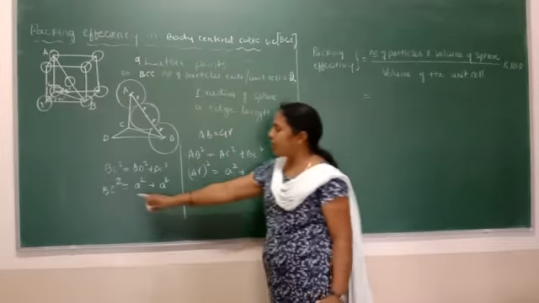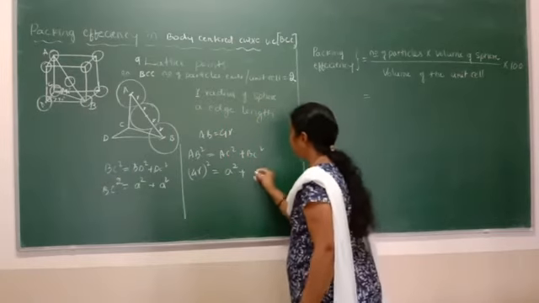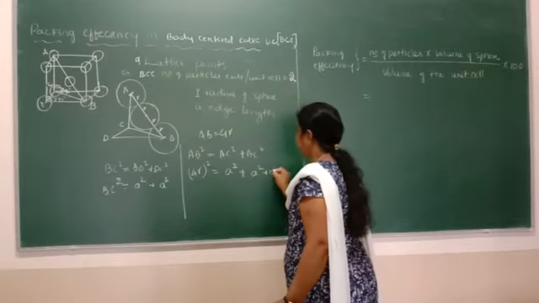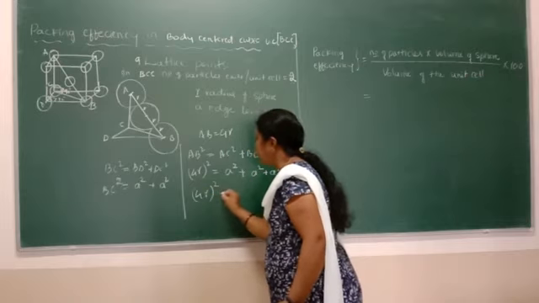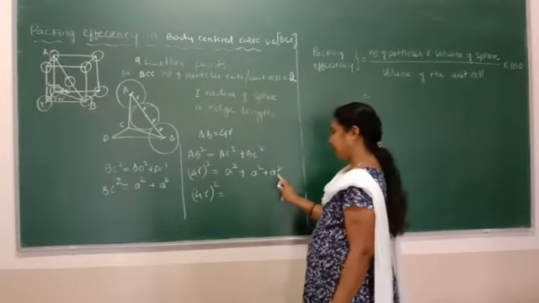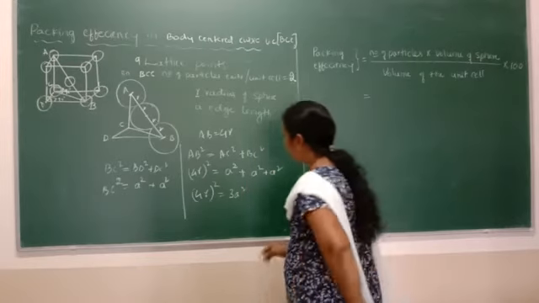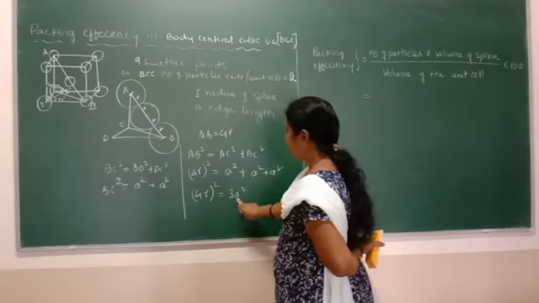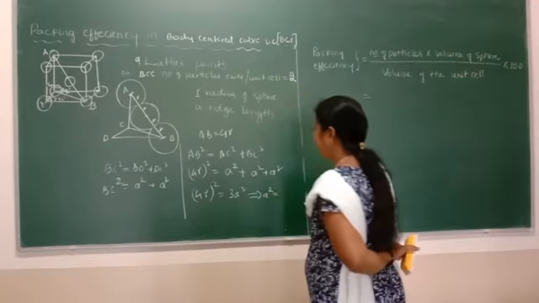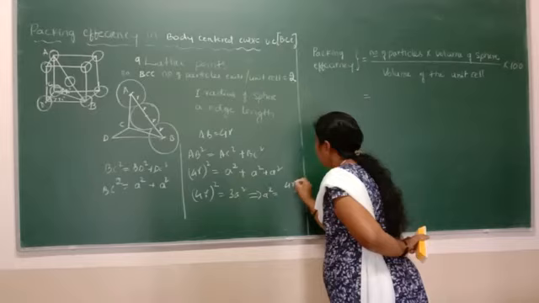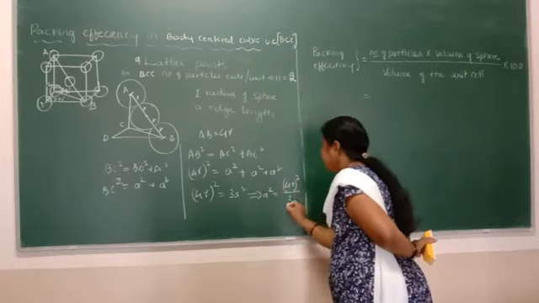We will replace the value of BC square in terms of A square here. This BC square is equal to A square plus A square. So 4r whole square is equal to A square plus A square plus A square, which is found to be 3A square. Then we will calculate the value of A separately. We take A square separately, so it is 4r whole square divided by 3.